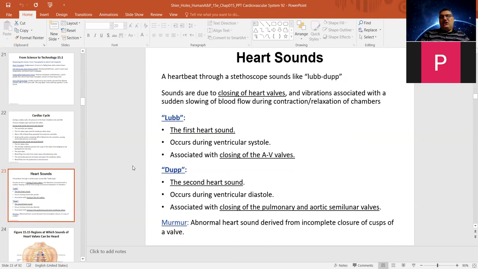I can't pretend that unless I'm a cardiologist, and I'm not a cardiologist, I'm a gastroenterologist. So I can easily hear lub and dub, which is the first and second heart sound, because it's loud enough to hear with the stethoscope. Third and fourth are very faint, very weak sounds that cardiologists can hear. But the first and second, yes, anybody, medical students, all of us, we used to hear it. First and second, not the third and fourth.